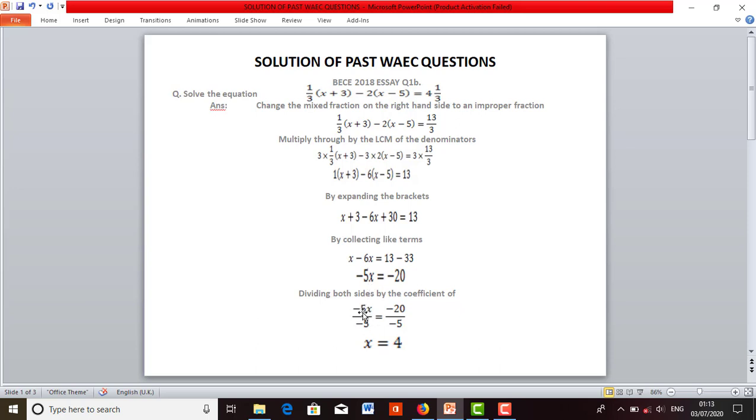So if we divide here by minus 5, we should also divide on the other side by minus 5. Dividing both sides by minus 5, minus 5 cancels minus 5. What is left over here is x. And then minus will go with minus. And 5 into itself is 1 time, into 20 is 4 times. Therefore, our answer for x is 4.